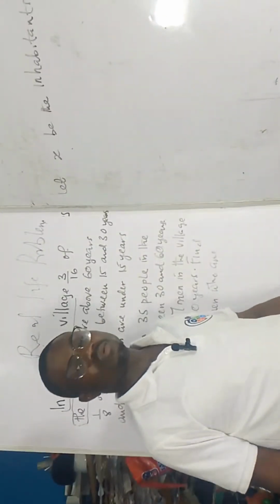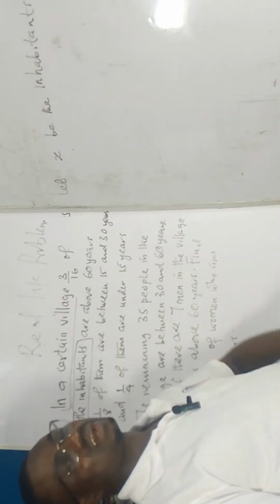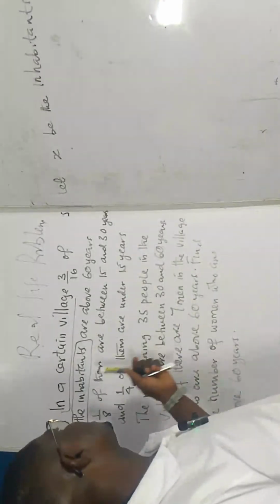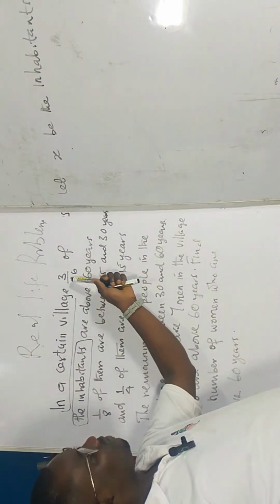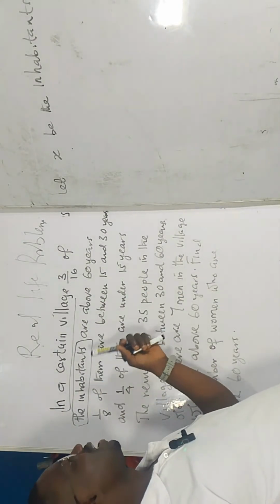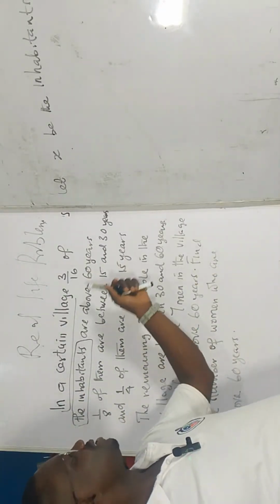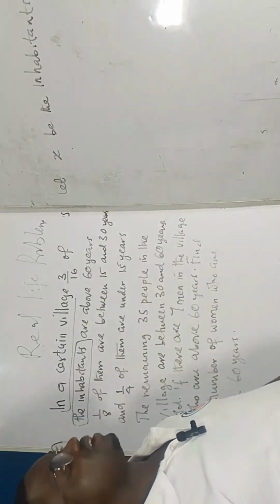Mind you, you don't know the number, so when x stands in, it is perfect. Now let's take each of the various pieces of information one after the other. The first one says that 3 over 16 of the inhabitants are above 60 years. So which people are above 60 years? 3 over 16 of the inhabitants.